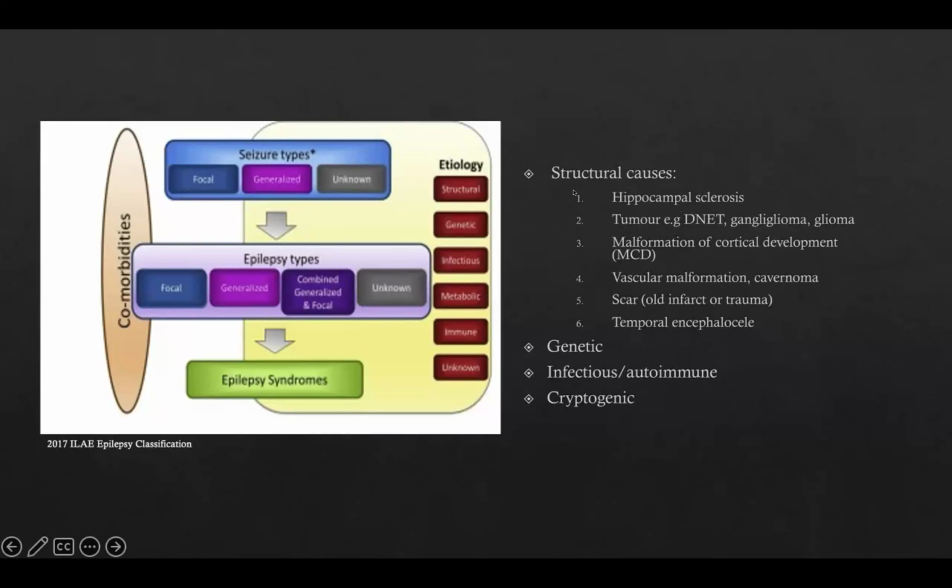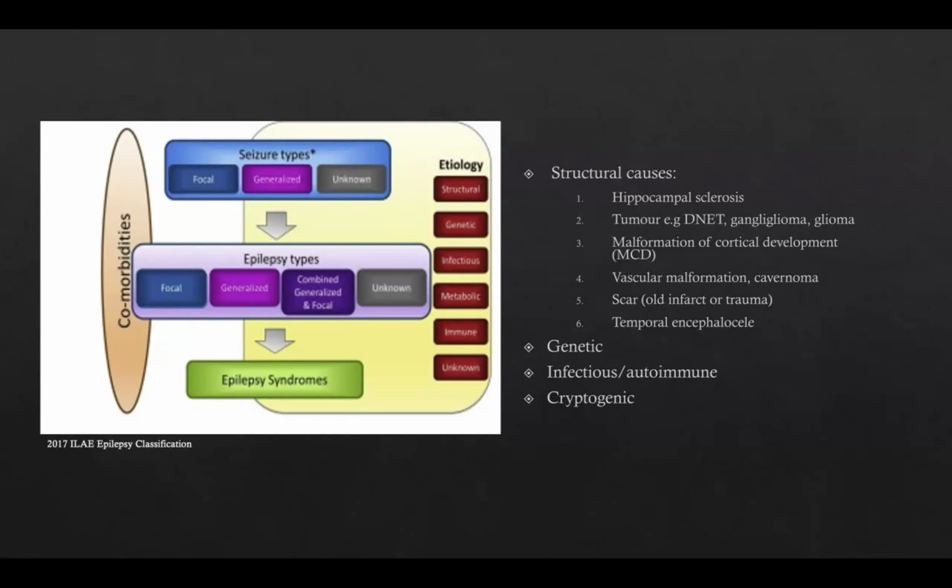Most of the common causes are structural. It could also be genetic, in which case you may not have any imaging abnormalities. In some cases, it could also be related to infectious or autoimmune causes. And if there is no known cause, which is cryptogenic, you may also not get anything on your imaging findings.